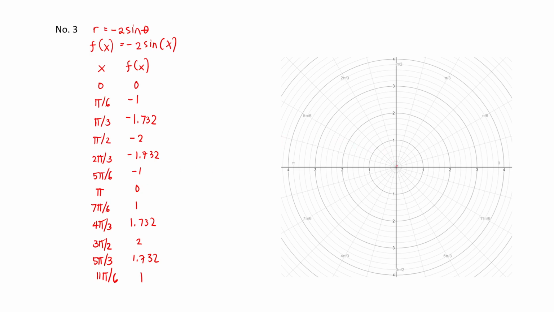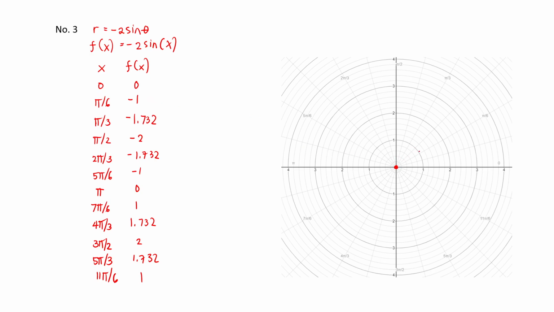So starting off we have 0. So next is negative 1. Notice that we have a negative 1 value for pi over 6.